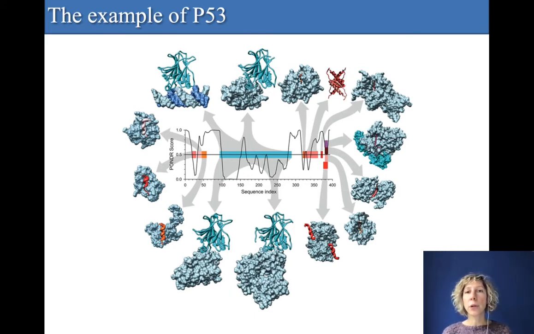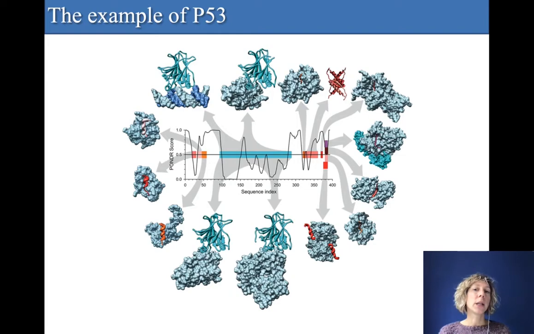And then you have more disordered parts where the PONDR score is high, so that's at the N-terminal and C-terminal parts. In those parts you also have several partners, 3 on the left and more than 4, 1, 2, 3, 4, 5, 6, 7, 7 on the right. And in these structures you see just a part of p53 that is ordered, which corresponds really to the interaction site with the partner.